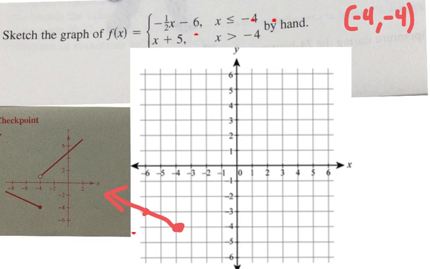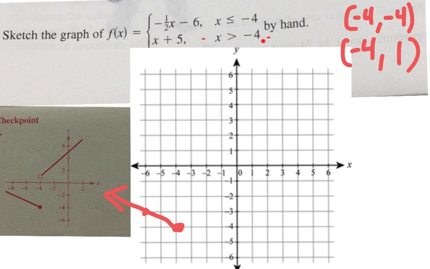Now to find the second piece of my function, I'm going to plug in -4 for x here. If I plug in -4 plus 5, I get out a value of 1. So on my graph, I'm going to go to (-4, 1), which is right here. Now this point is not included.